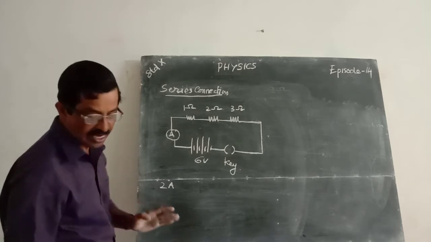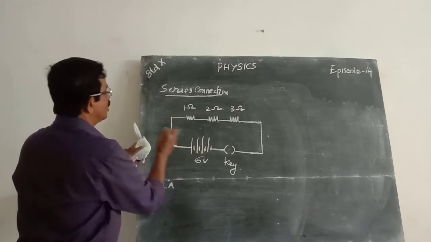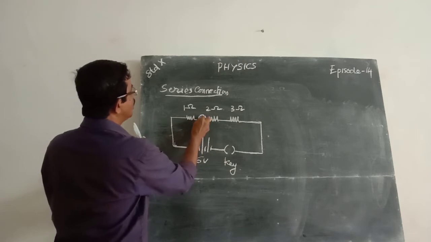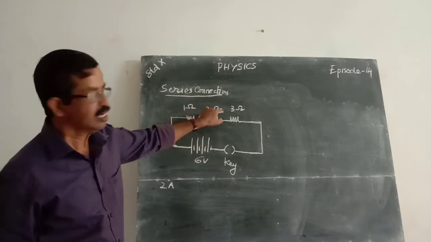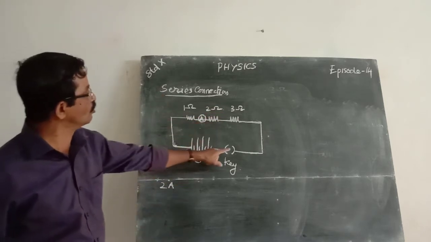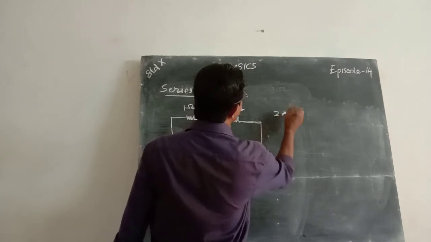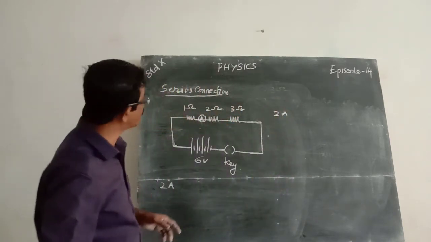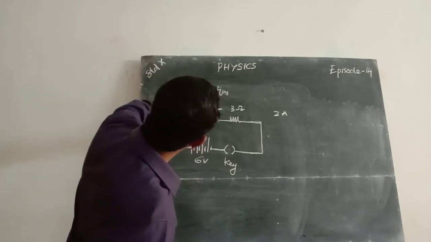Now we change the ammeter to here, in between the 1 ohm and 2 ohm resistors. Again we measure the current by closing the key. Now also it shows 2 ampere. Now we again change the position of the ammeter to another position.